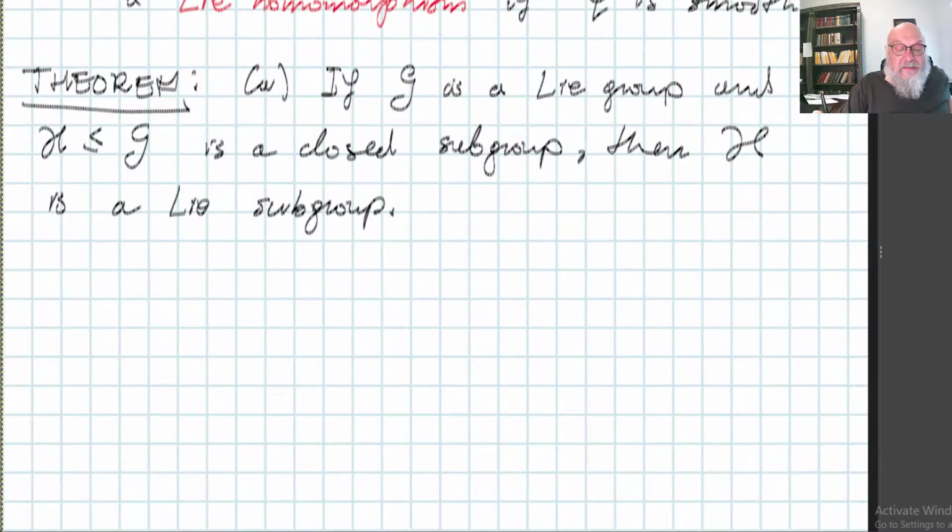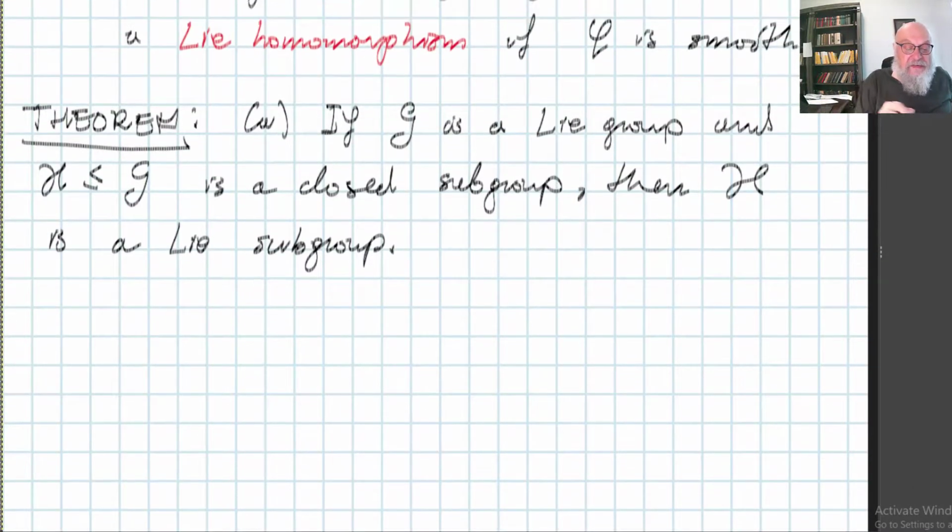So closed subgroups of Lie groups are exactly those.